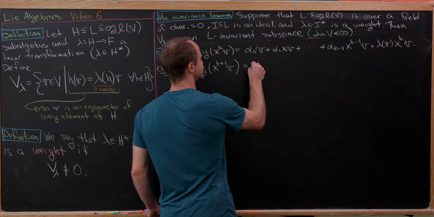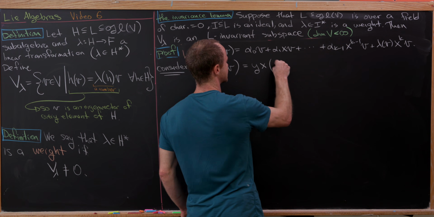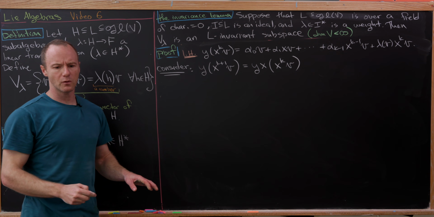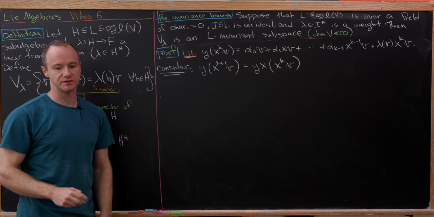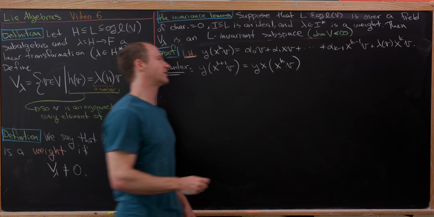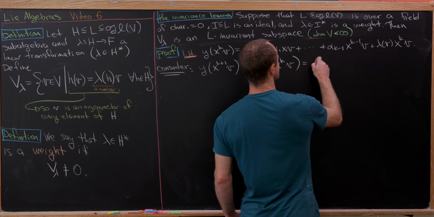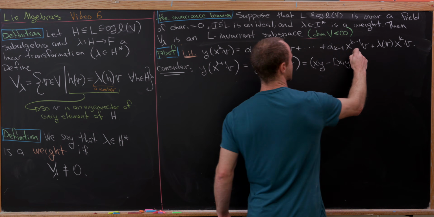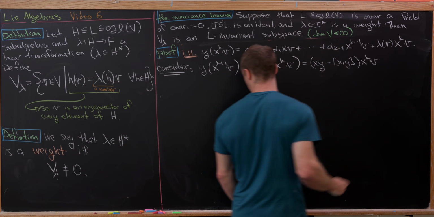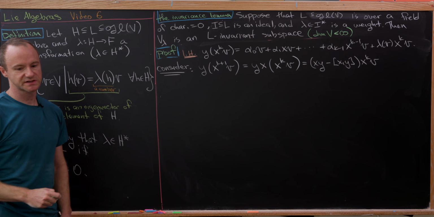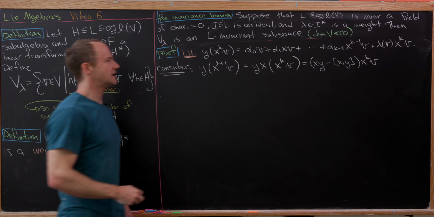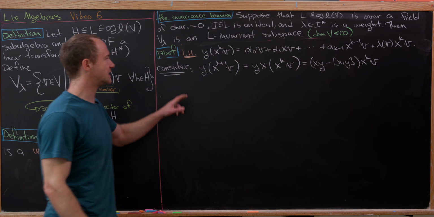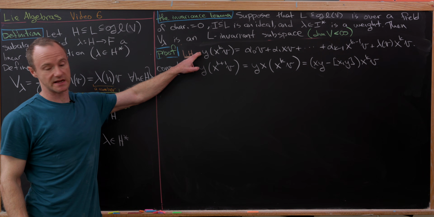Okay, so factoring some things out, this is the same thing as yx applied to x to the k v. But now we can rewrite this yx using the commutator, similar to what we did before, and this will be equal to xy minus the bracket of y with x, applied to x to the k v. But now we know what xy applied to x to the k v is because we know this rule right here.